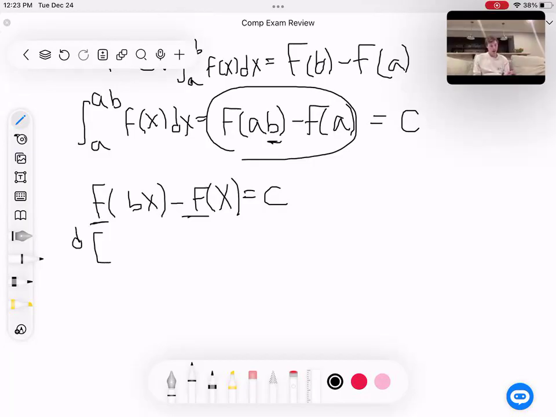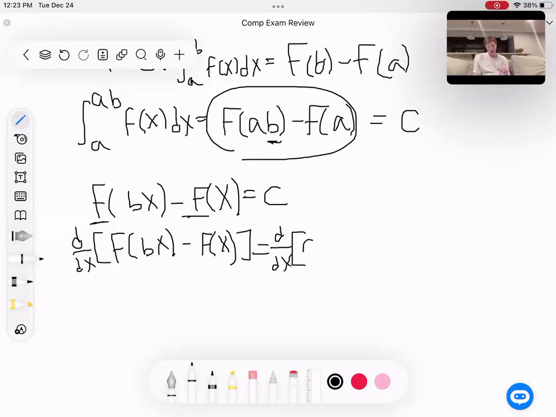So if we take the derivative of both sides with respect to x, what is that going to give us? Well, using the chain rule, the left side of the equation is just going to become the original function, and the right side is just going to be 0, because c is some constant.